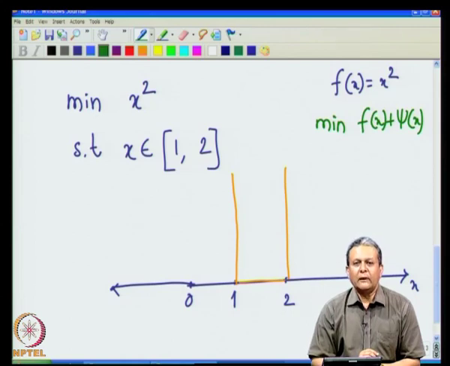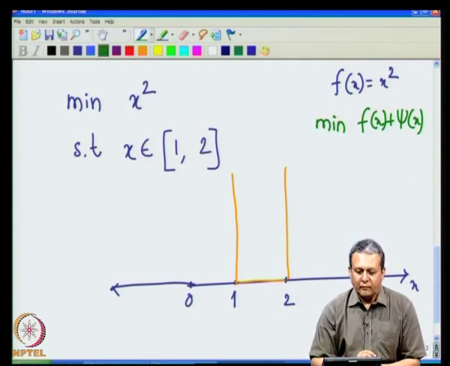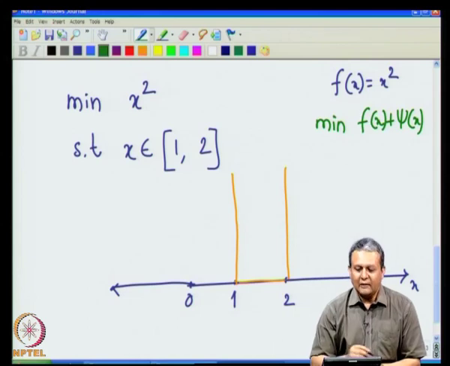Even if you replace plus infinity by very large numbers, the problem is that this function is discontinuous, because it is 0 in the feasible region, but then goes to plus infinity at the points which are outside this feasible region. Since the function is discontinuous, that problem cannot be solved so easily.